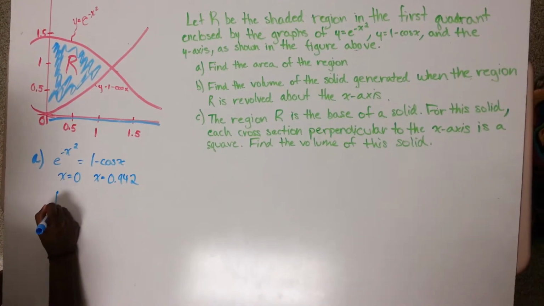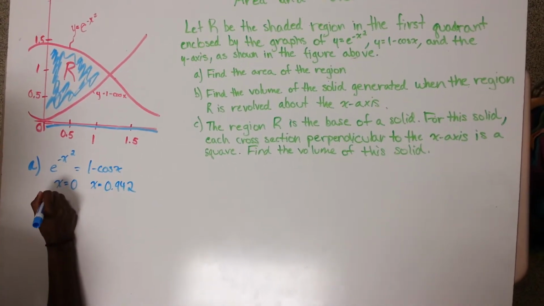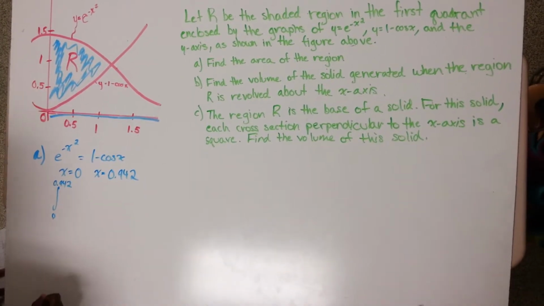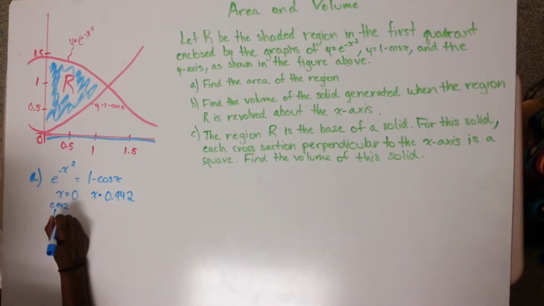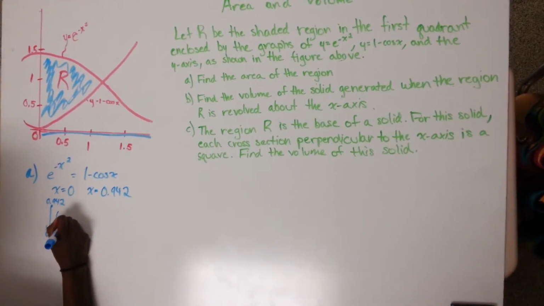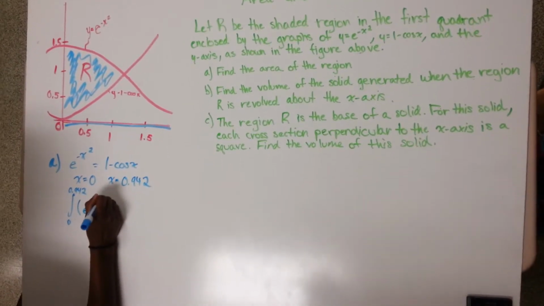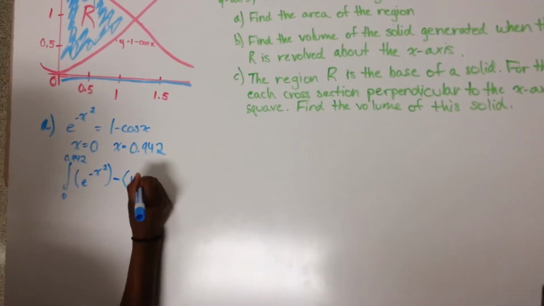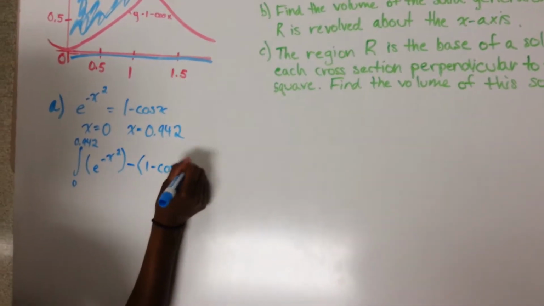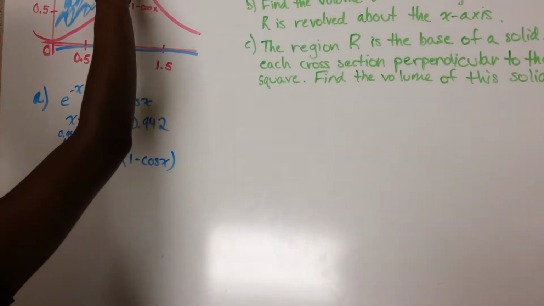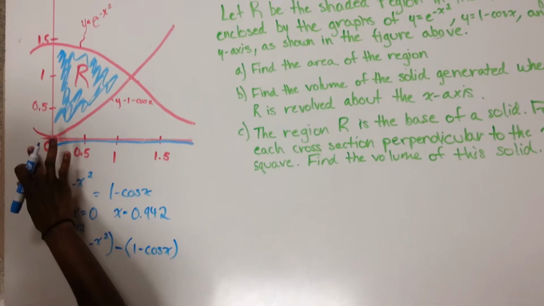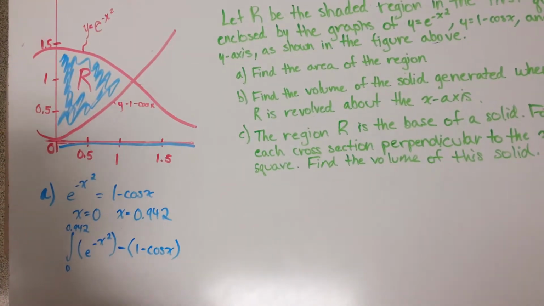So you have the integral from 0 to 0.942. Then you have e to the negative x squared, and then you subtract 1 minus cosine x, because you always do the top curve minus the bottom curve as it pertains to the x-axis.